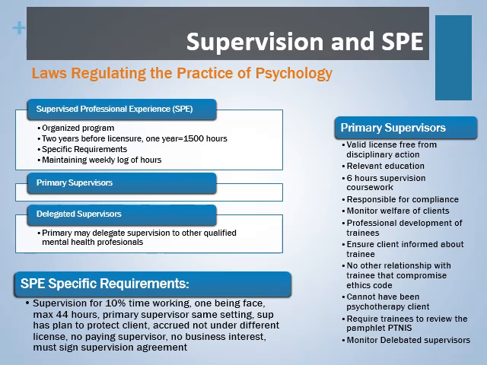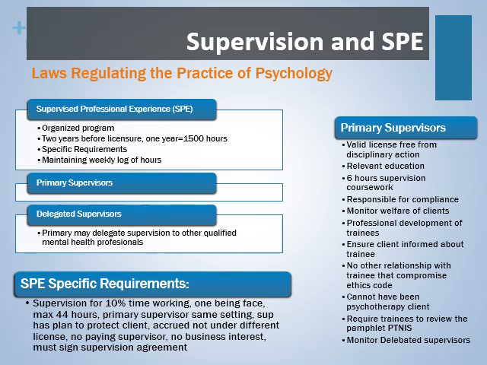Now, while we said that you cannot have an LCSW as your primary supervisor, you actually can have marriage and family therapists, educational psychologists, and clinical social workers. You can have other folks be delegated supervisors. There are special requirements for delegated supervisors of psych assistants, though.